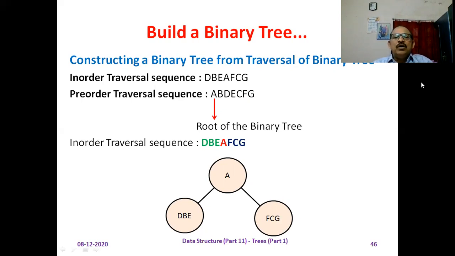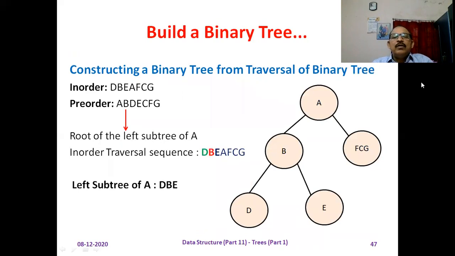Now, in the figure you can see A is the root node we have determined. And what are the nodes in the left subtree? D, B, E. And what are the nodes in the right subtree? You can say F, C, G, because these nodes appear to the right of A in the in-order traversal sequence. Is that clear?